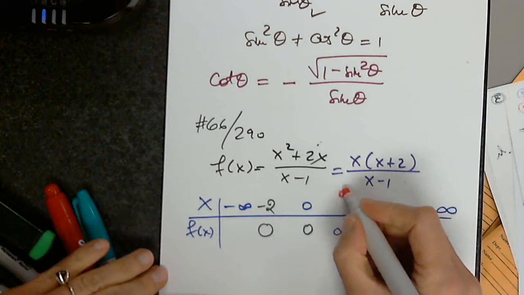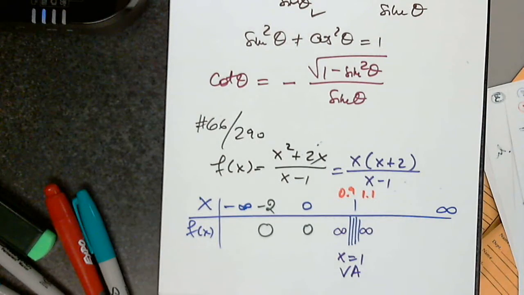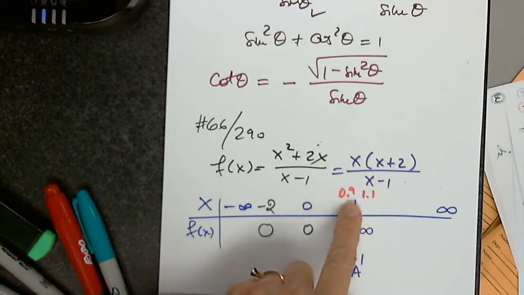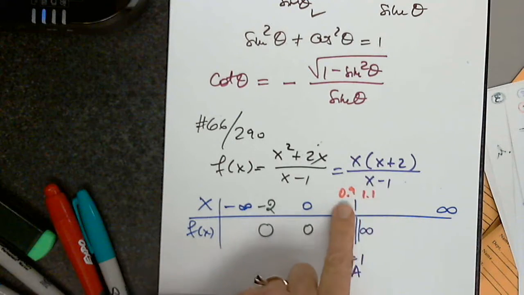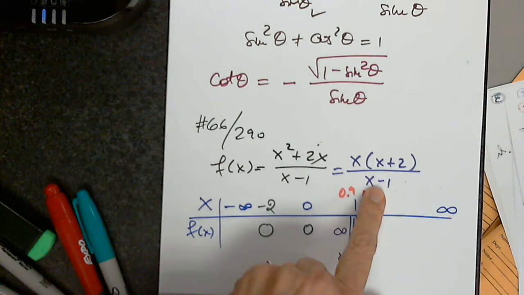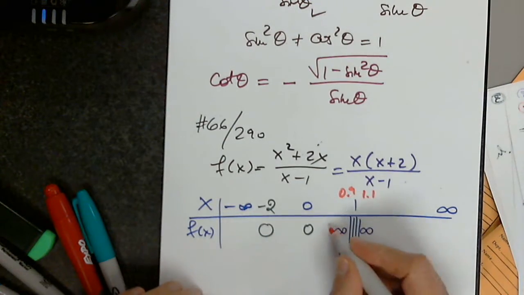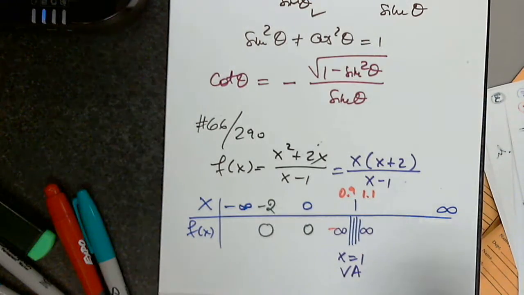So I will put 0.9 and then 1.1 in the function. With 0.9 and with 1.1, the top will not change; everything is positive here. With 0.9, the bottom is negative. So what is the sign of the infinity? And with 1.1, what is the sign of the infinity?